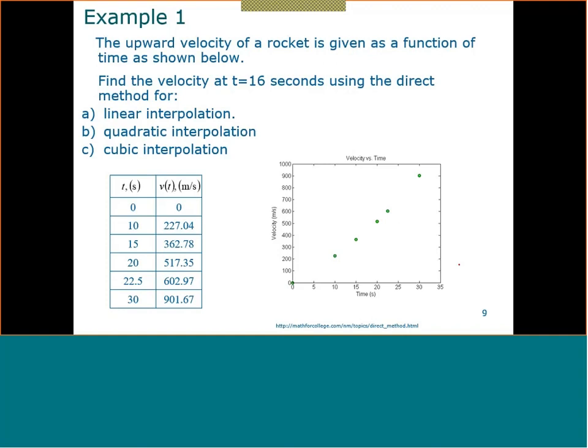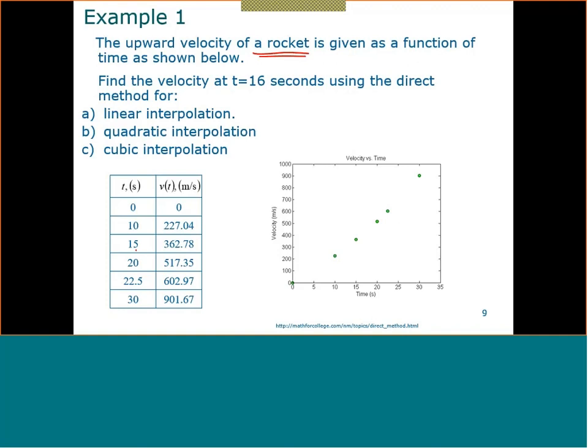So here we have an upward velocity of a rocket that is given as a function of time as such. Here we start from t0. The velocity was 0. This is in millimeter per second. Then after 10 seconds, this is the velocity. After 15 seconds, this is the velocity, and so on and so forth.